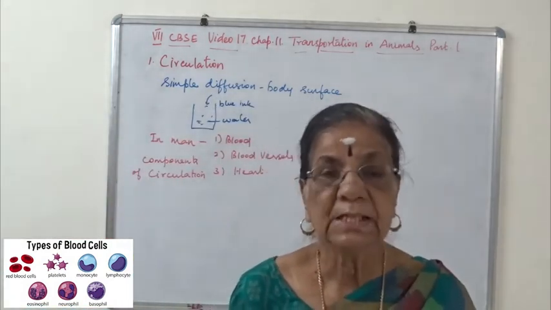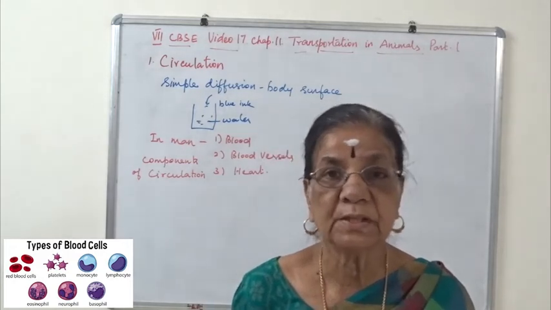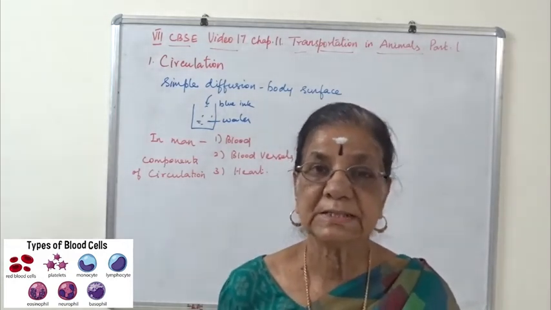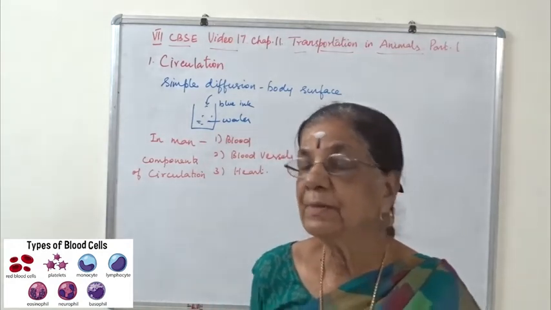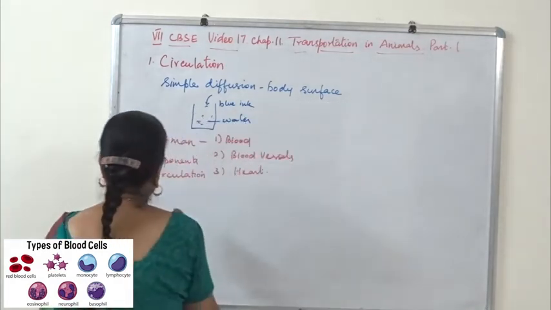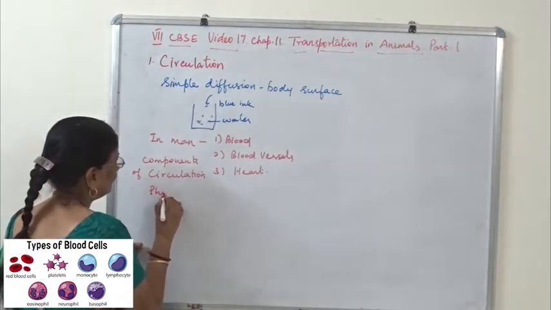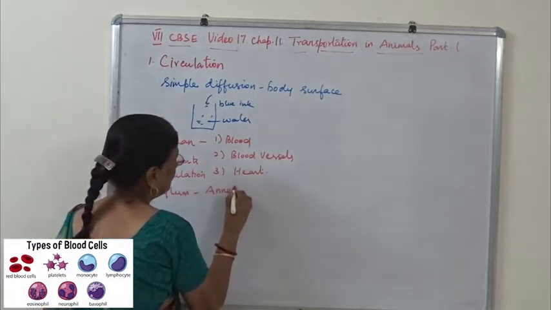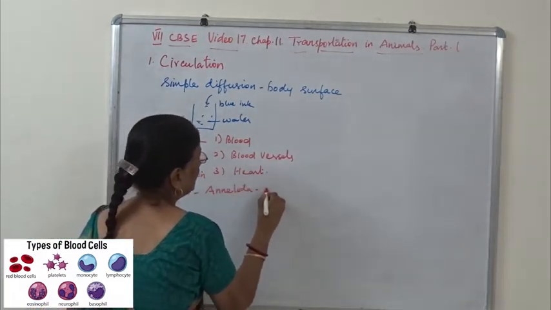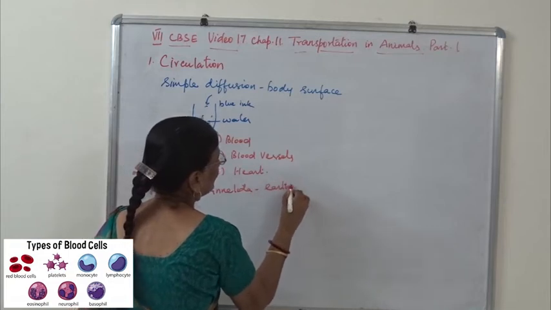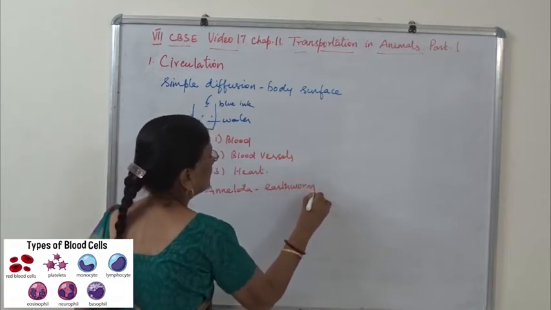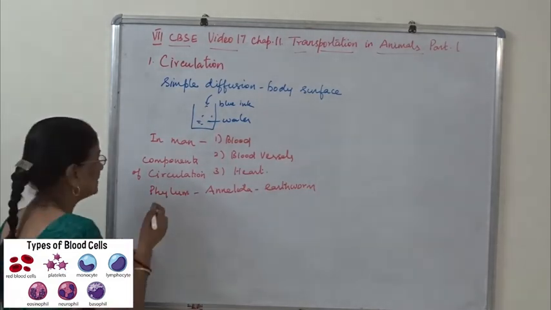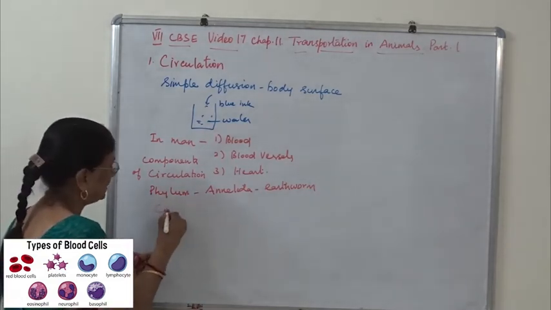The first circulatory system which appeared in lower organisms is in phylum Annelida. Example, earthworm.